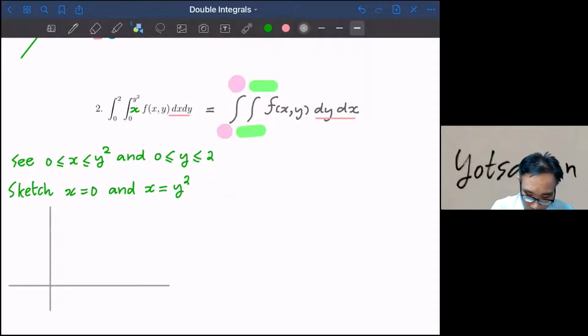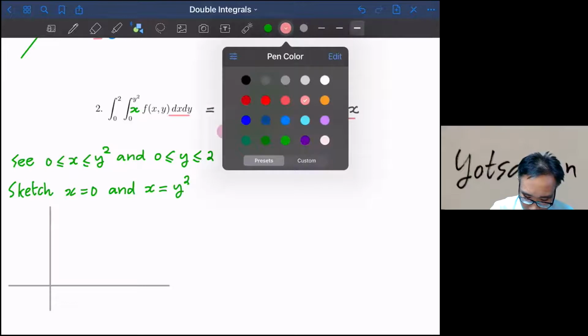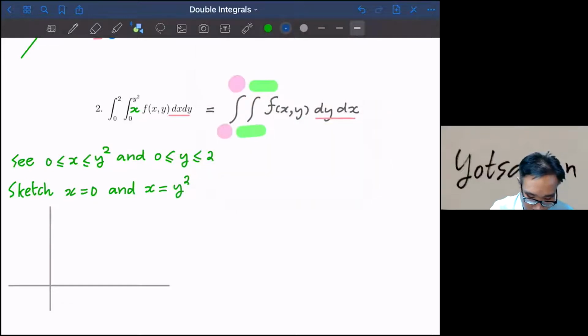You're going to have x equals 0, which is just the y-axis. And you have x equals y squared, which turned out to be just y equals root x.